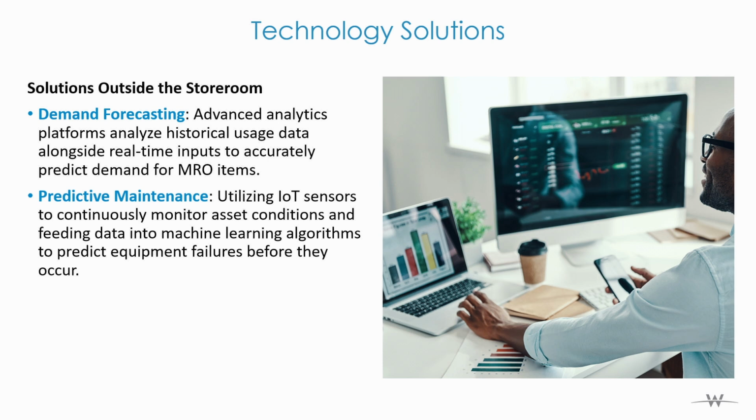Technology solutions outside of the storeroom. Demand forecasting, we use analytics on historical data. We have SCADA on some of our pumps and motors. What's the runtime, temperature, vibration? We have SCADA on the stuff to provide us with information so we know when these assets are going to need to be replaced.